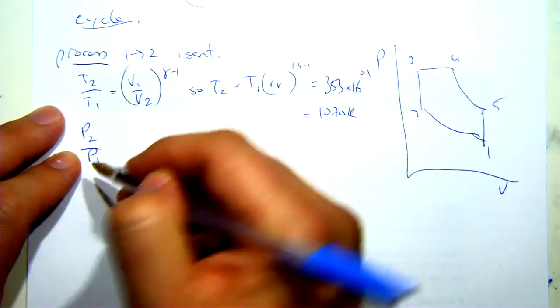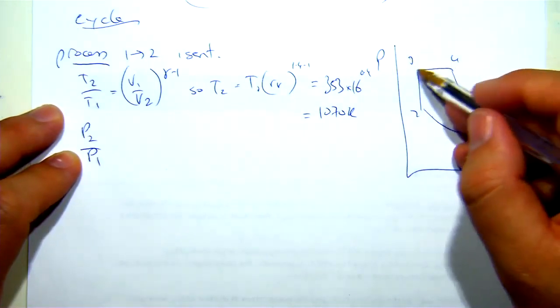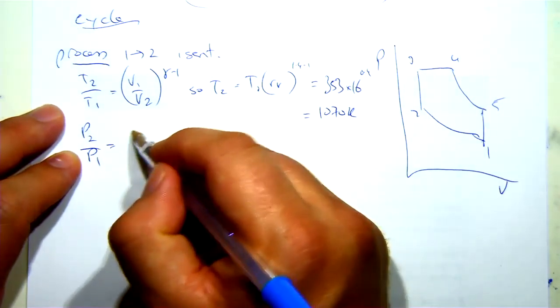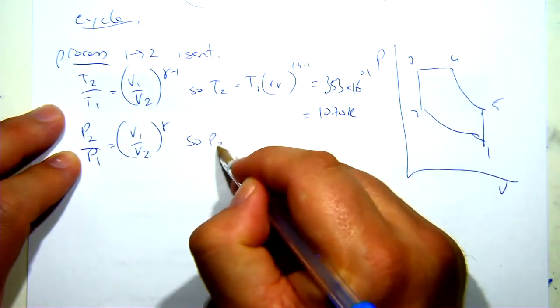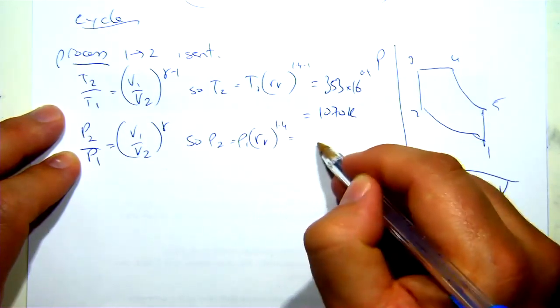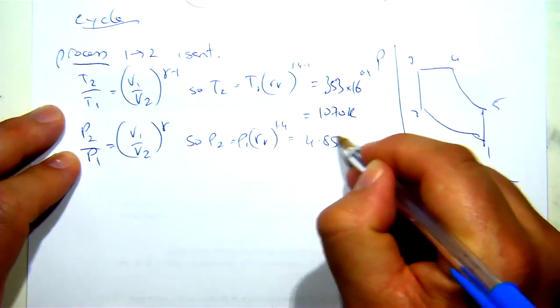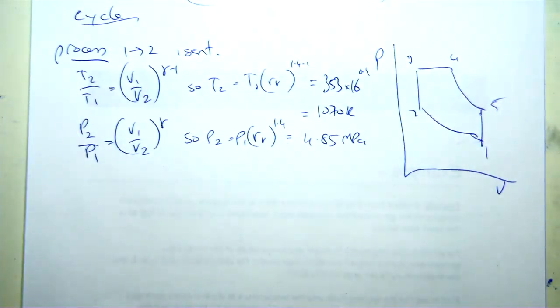P2 on P1, remember, I don't have pressure 2. I've got pressure 3 and 4, but I don't have pressure 2. So this equals V1 on V2 to the gamma. So P2 equals P1 Rv to the 1.4, which is going to equal 4.85 megapascals. This has given me a lot of information already.